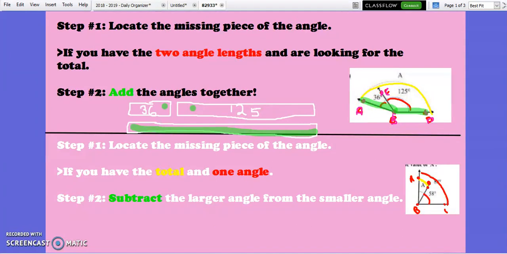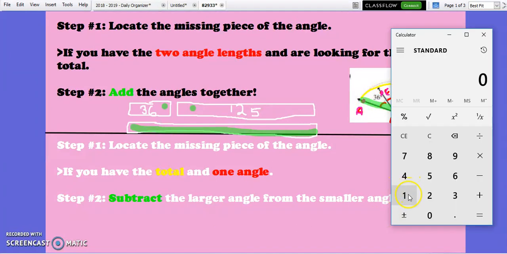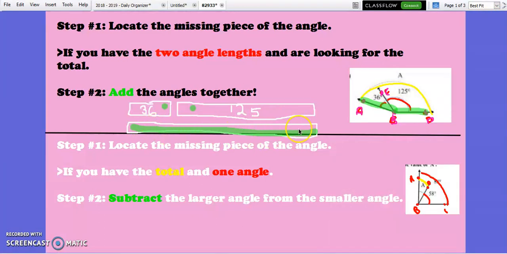So in this example, I'm going to take my calculator and I'm going to add the small angle 125 plus the even smaller angle or piece of 36 and get my total, which again, this 161 represents this entire total piece here, which represents this entire large angle here.